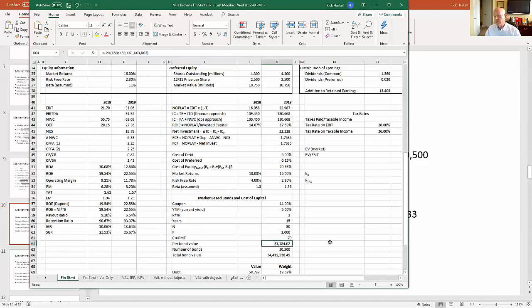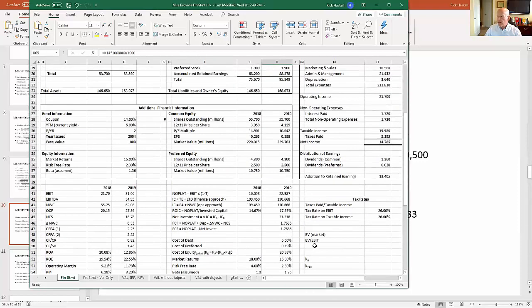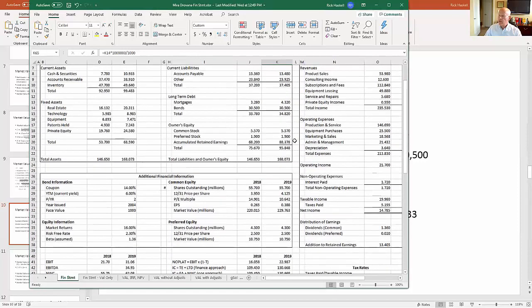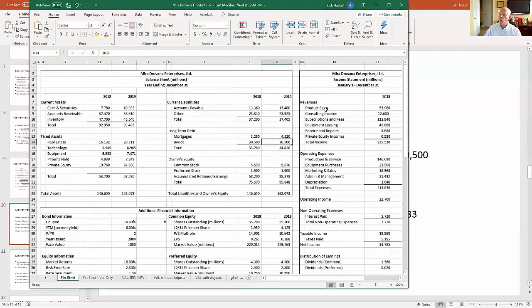Now, it's important for us to consider what else might be relevant here. We have 30,500 bonds. Well, how do we know that? Because we know that there's 30.5 times 1 million, or $30,500,000, issued, loaned to the company when the bonds were issued.